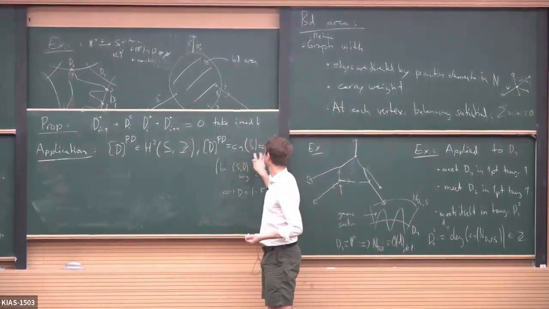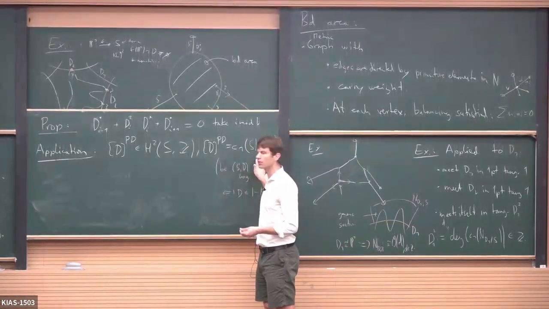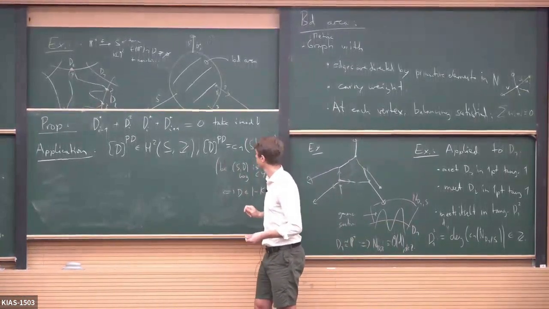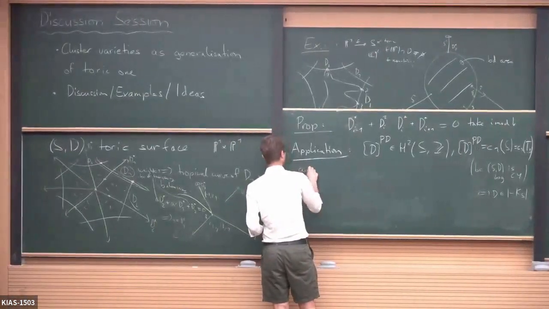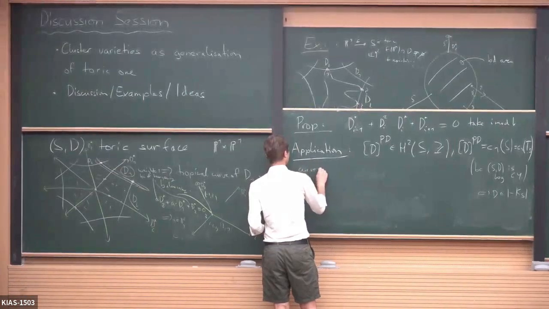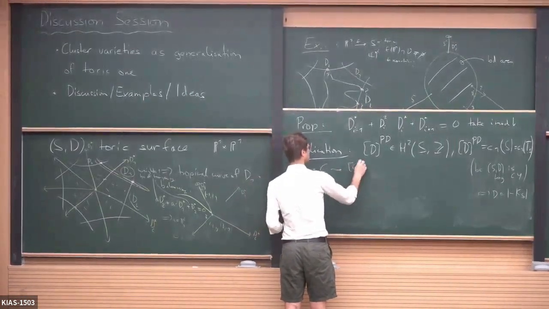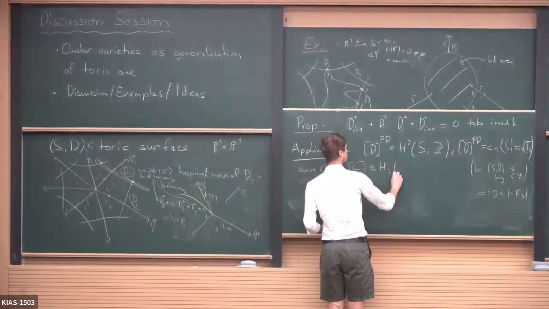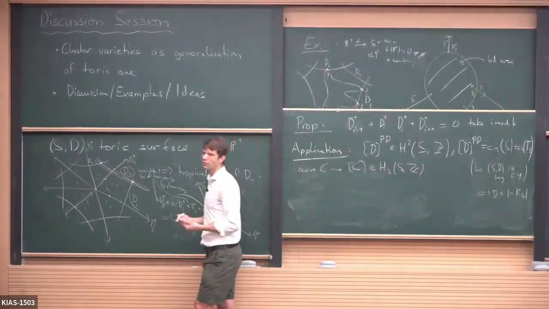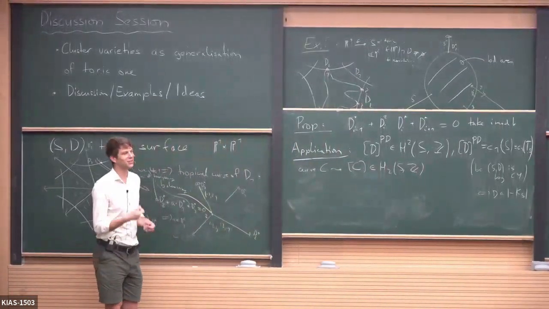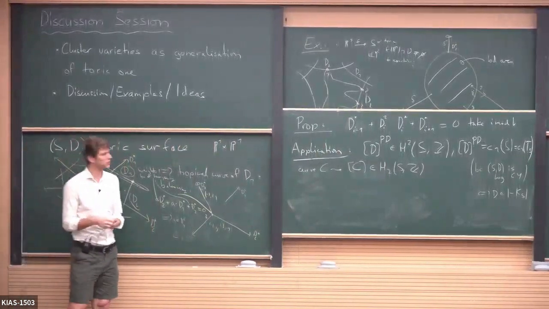So one way to phrase this is by stating it this way. C1 of the tangent bundle. Then we have a curve C, which gives us an element C in H lower 2 of S, Z. And of course, you can pair elements of H upper 2 and H lower 2, which gives you an integer.